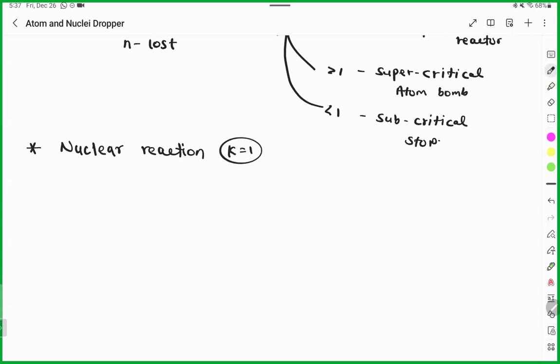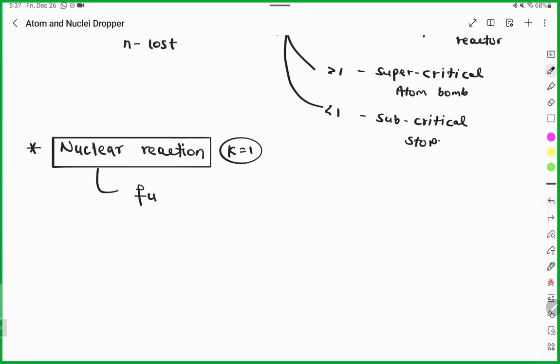So what is a nuclear reactor? A system where you use radioactive material to produce energy, to produce electricity. So a nuclear reactor produces electricity. What do we use in this nuclear reactor? Of course, nuclear fuel.